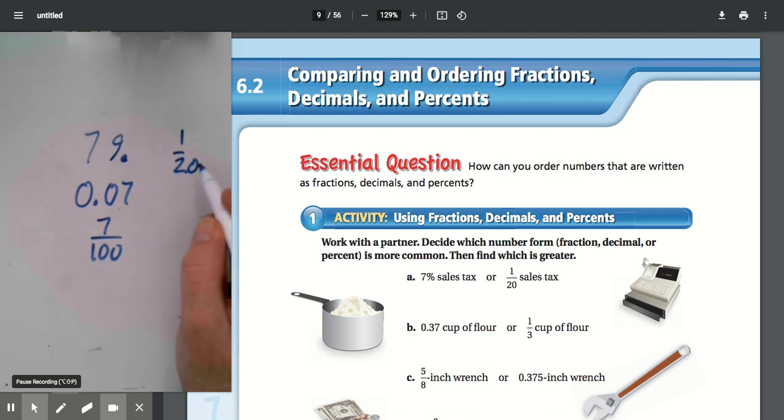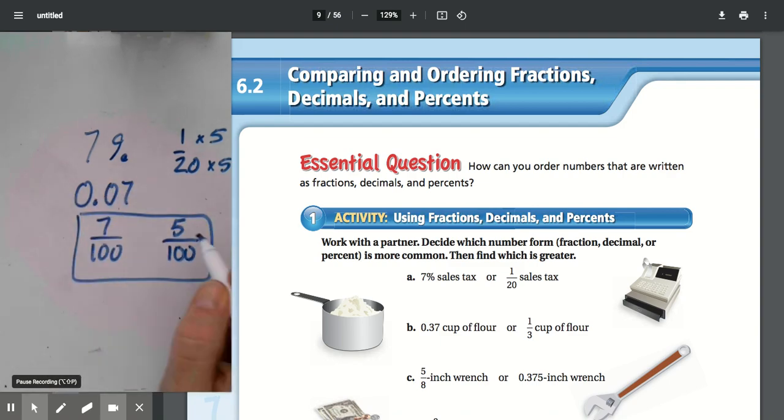If we were to write this as a fraction with 100 as the denominator, we know we would have to multiply by 5 there and by 5 there. So we would have a numerator that is 5 over 100. And once you have them in a common form, then you can compare and say, hey, I know that one is greater than this one.